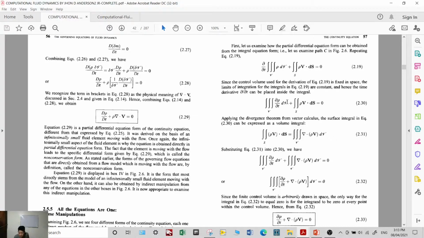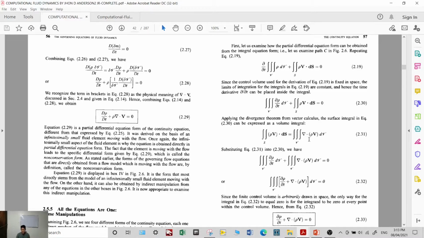And then, applying the divergence theorem, the surface integral is just equivalent to the volume integral of the divergence. Just look up the divergence theorem and its equivalent format from our previous lecture. So that is its equivalent.